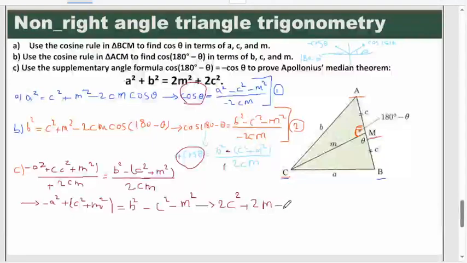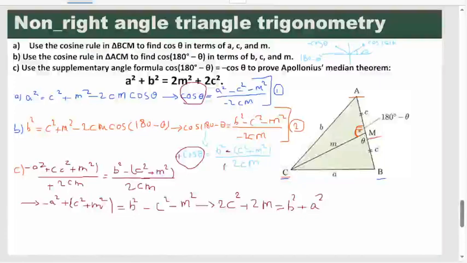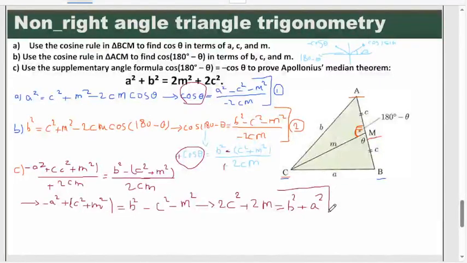On the right side, I have B squared, and I bring negative A squared to the right side, which is positive A squared. So we see here we prove Apollonius median theorem. So Apollonius median theorem says 2C squared plus 2M squared equals B squared plus A squared. I forgot to put the index.